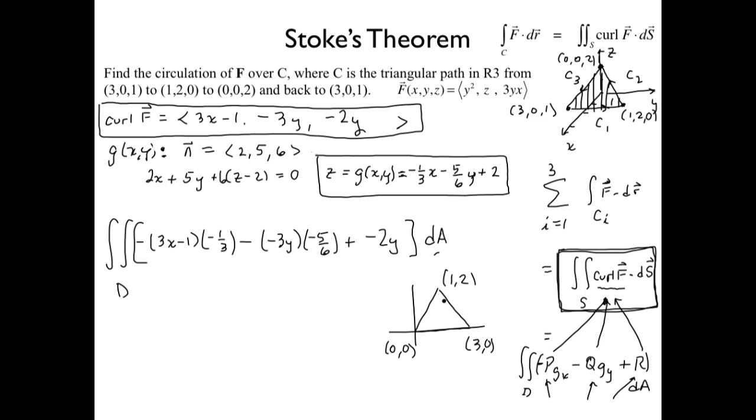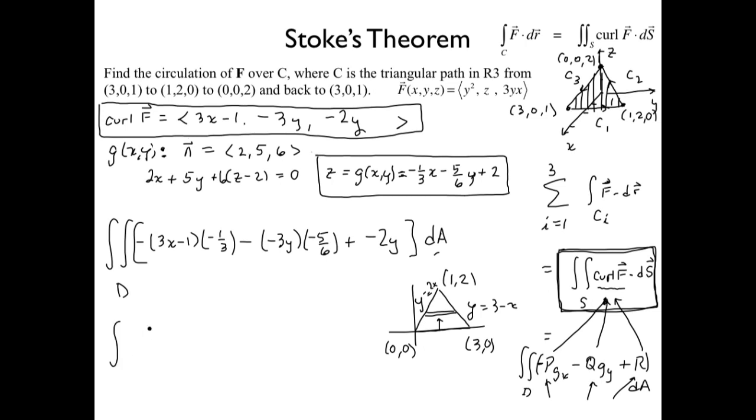So how are we going to do this double integral? What do we want to do? Type 2, right? We want to go this way first, and then stack them up this way. So this is y equals 2x. This is y equals 3 minus x. But we're doing type 2, so we're doing x left to right first, which means x on the right to x on the left.